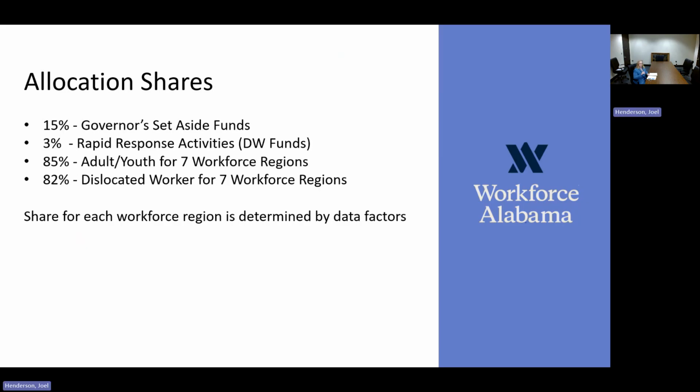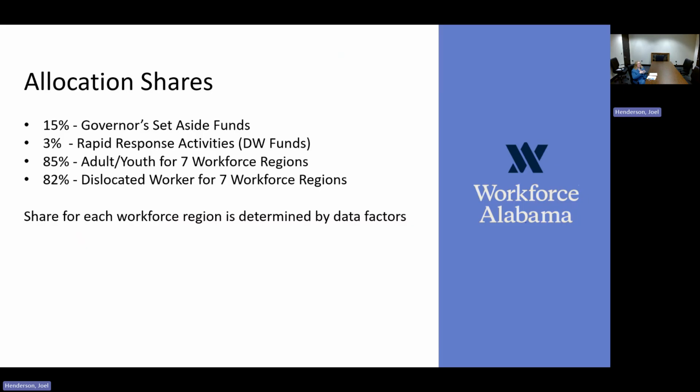Okay. I did want to clarify that the calculations we've been talking about today are the calculations on how to distribute the funds to the regions. Once the funds come into the state, the state does retain some of the funds. There's 15% that's kept for the governor's set aside. On top of that, there's 3% of the dislocated worker funds kept specifically for rapid response activities.